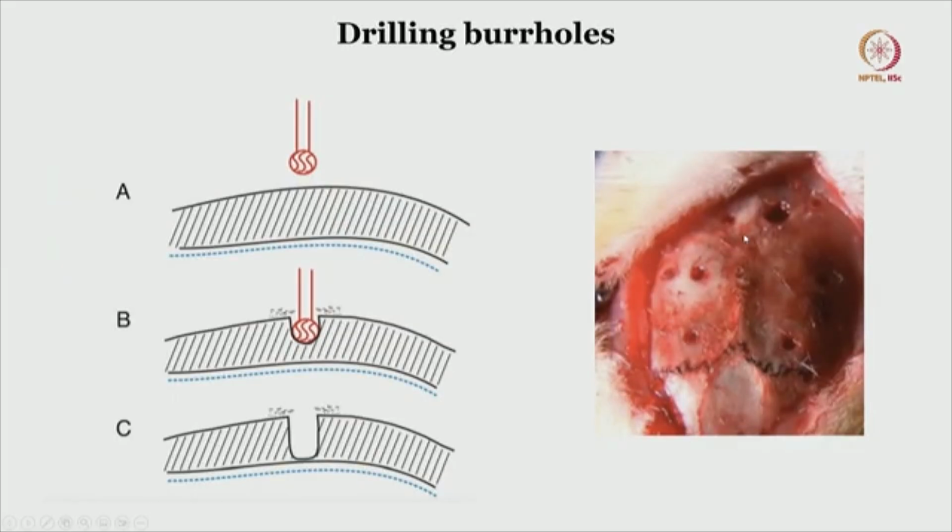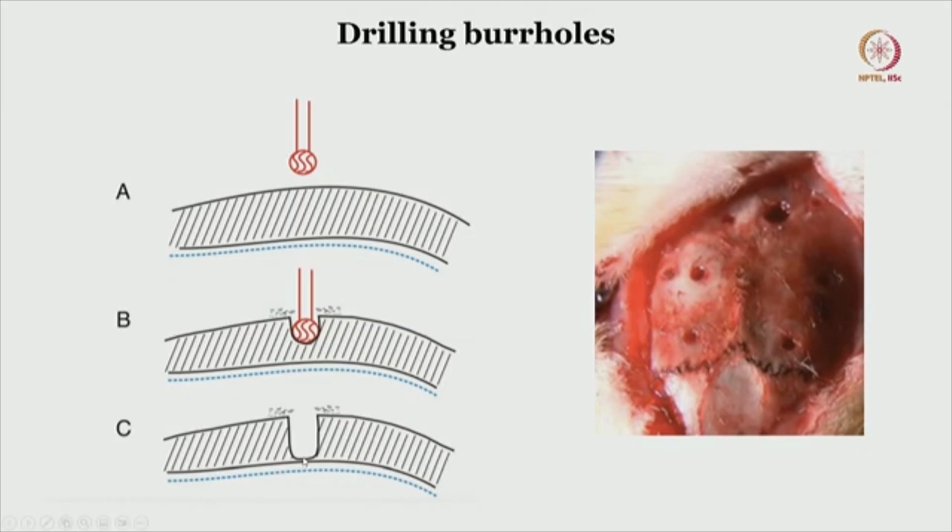So, here is an example of drilling burr holes, wherein you use this round bit, which is around 0.8 to 0.9 millimeter, and go straight from the outer table to the inner table, and you need to recognize when you have reached the dura, either by the giveaway sensation with the tactile feedback. Alright.